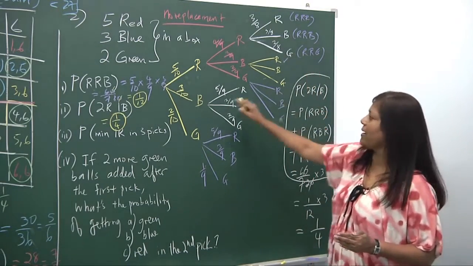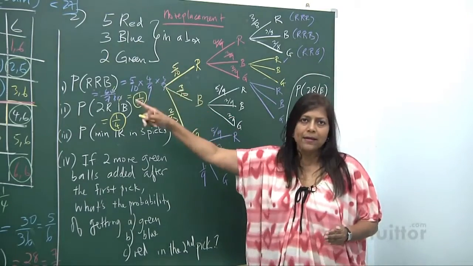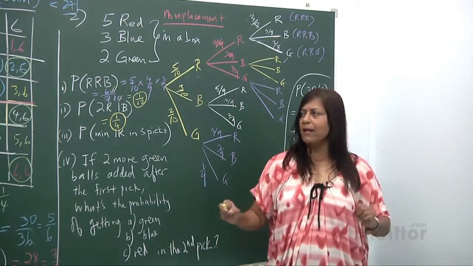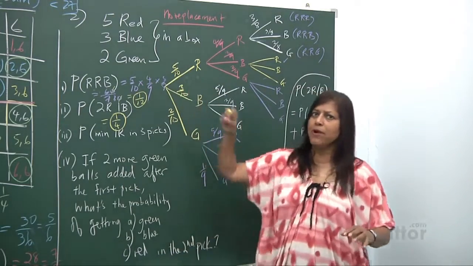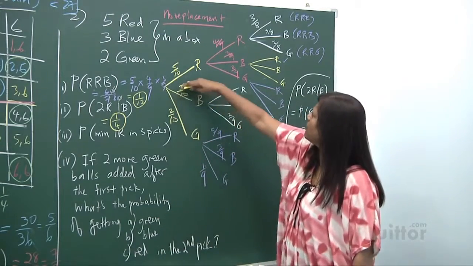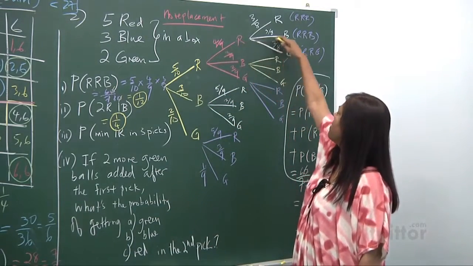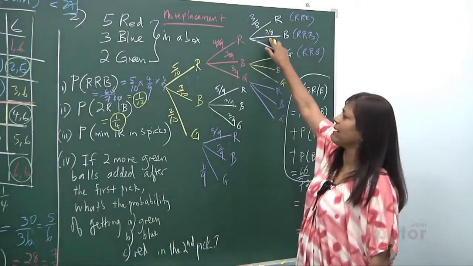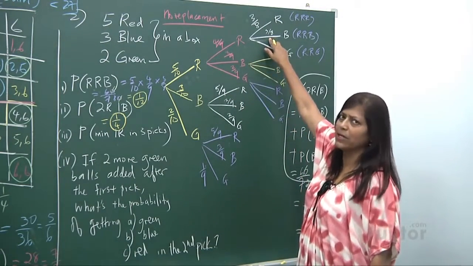Here they are specifying red, red, blue. The first must be a red, not anything else. The second must be a red, and the third pick must be a blue. So your probability will be red, red, blue. The probability of a red 5/10 times 4/9 times 3/8. That's how you work it out.